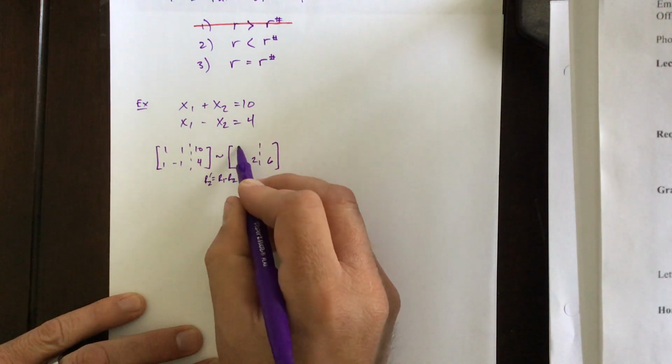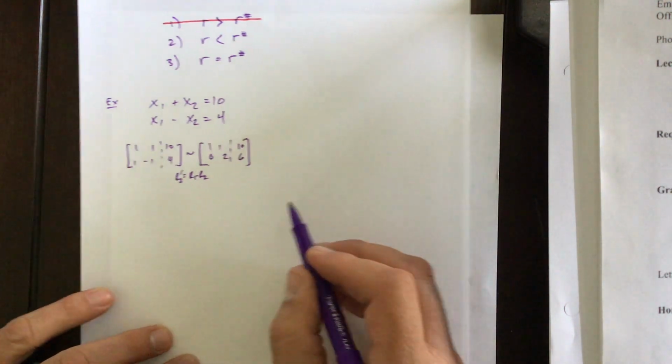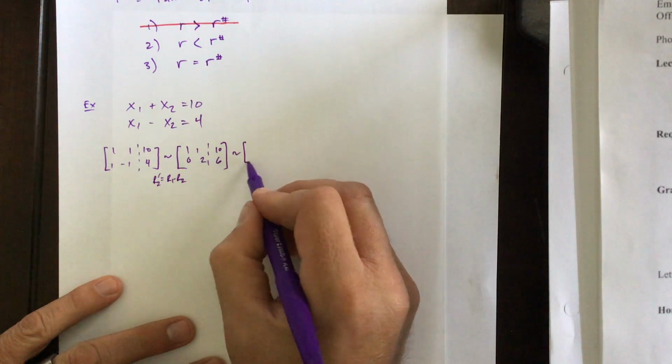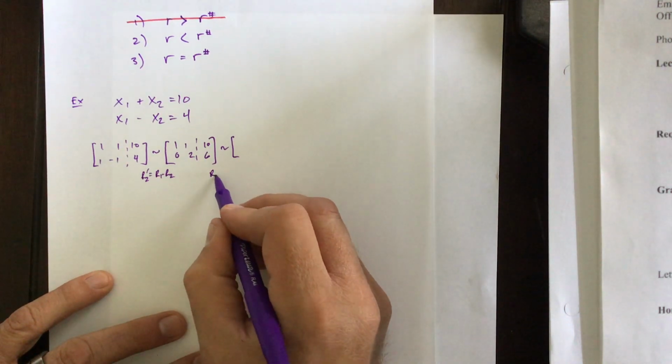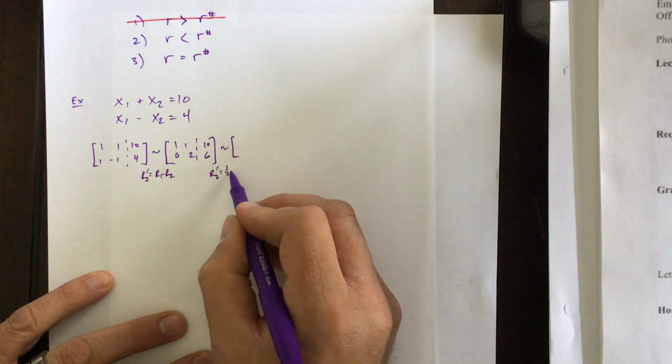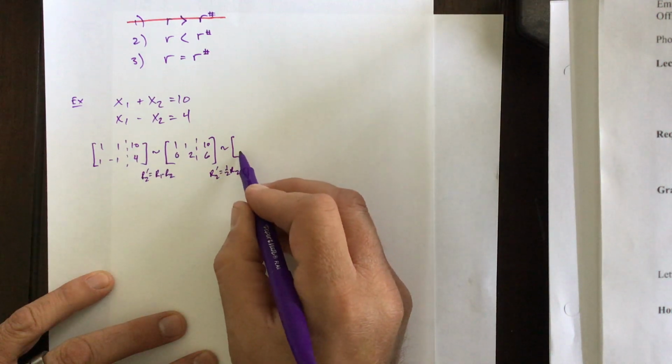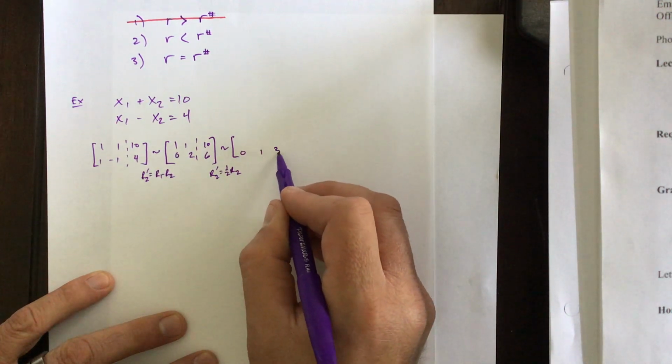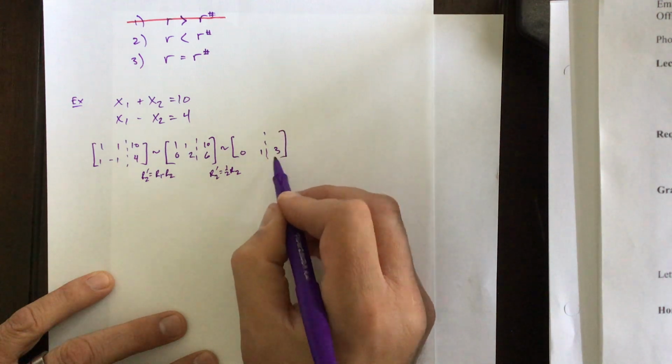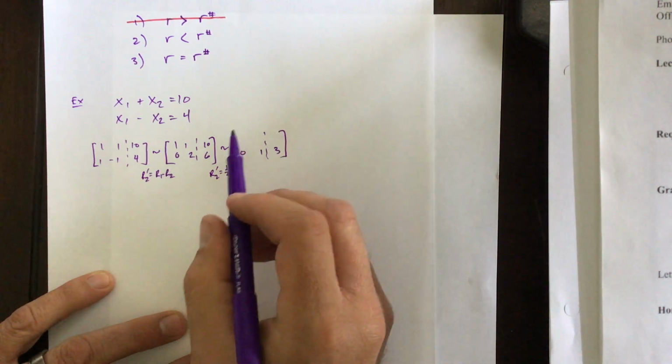Row 1 was unchanged, 1, 1, 10. Next up, let's say R2 prime is 1/2 of R2, so we scale this down. So we get 0, 1, and 3, because we want a pivot in the bottom row.